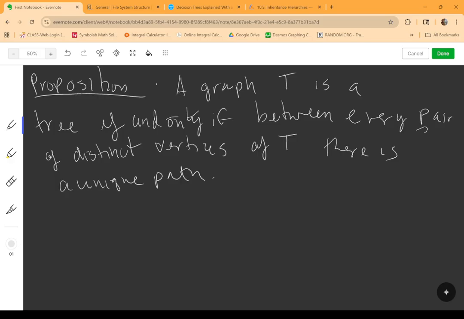Okay. So we know that this is another proper way that we can define a tree, right? If and only if.